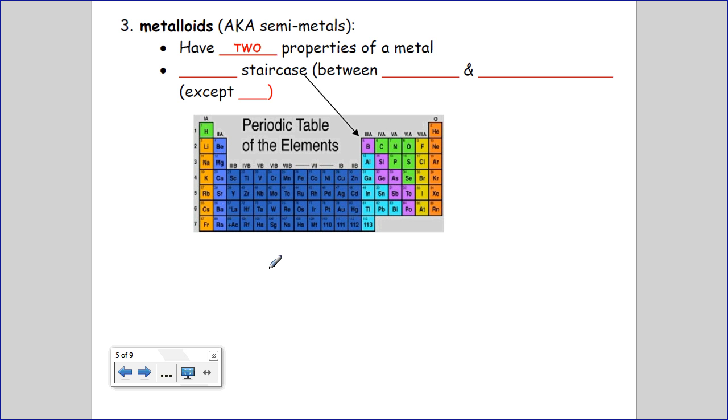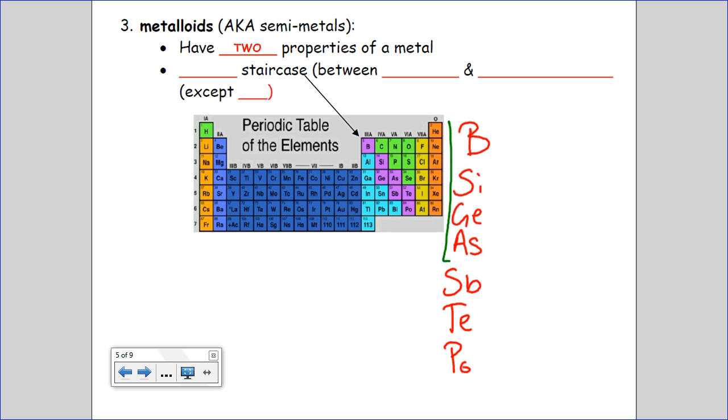As you can see here, there's 6 or 7 of them. B for boron, Si for silicon, Ge for germanium, As for arsenic, Sb for, I forget what Sb is, antimony? Anyways, Te for tellurium, and Po for polonium, okay? The big important ones are these 4.